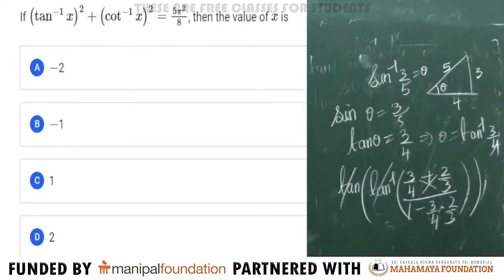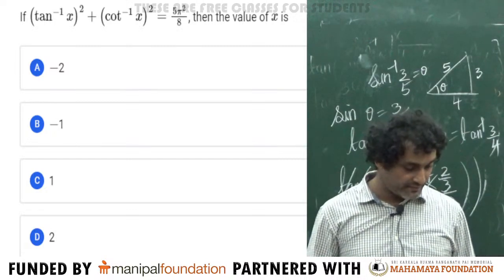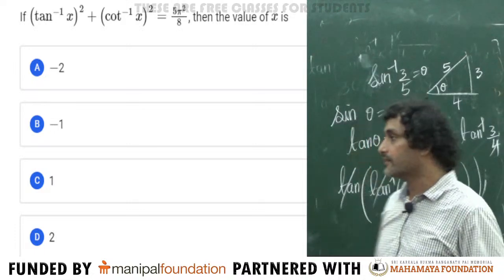Does it look like a square plus b square? We'll have to use your lower class formula, okay? Yeah, wait.